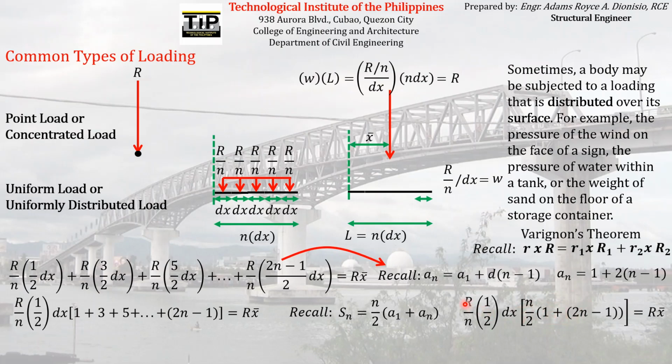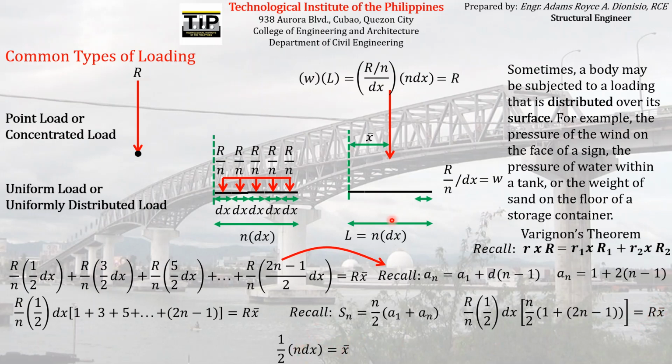And then, simplify na lang natin. May R sa left side ng equation, may R sa right side. So, cancel yan. Ito, 1 minus 1, so 0. 2n, n over 2. Cancel yung 2. Matitira na lang sa loob ng quantity is n times n. May n sa denominator. So, matitira na lang ay 1 half n dx. Sa right side, mawawala ni R, so x-bar na lang yung matitira.